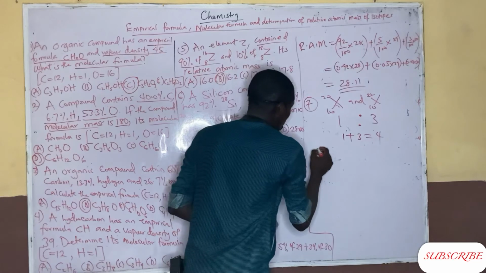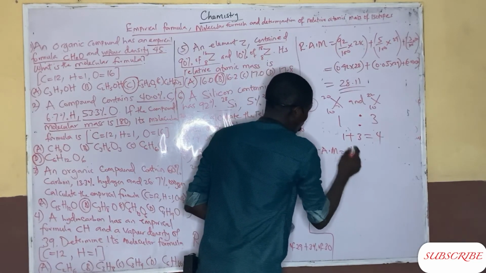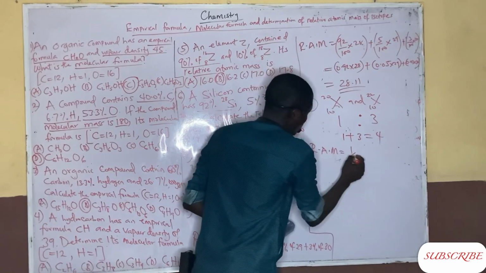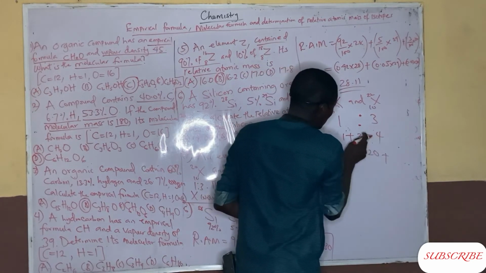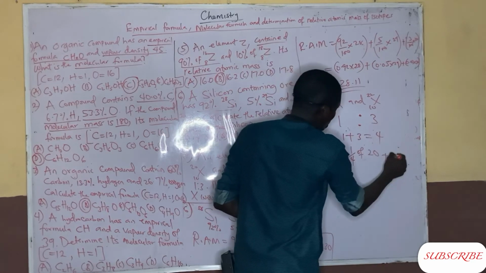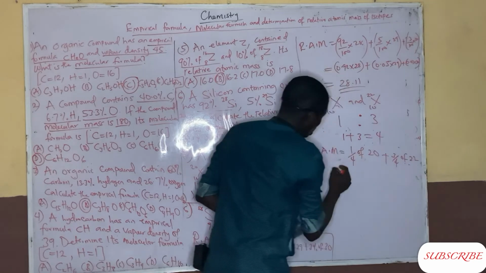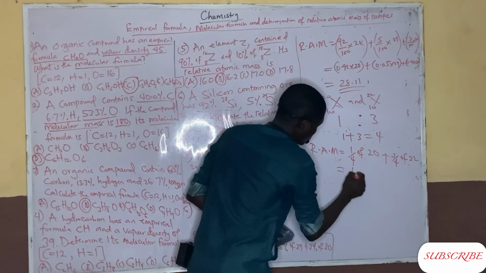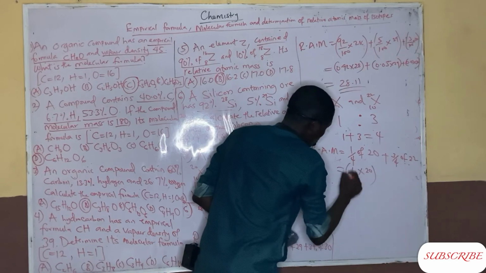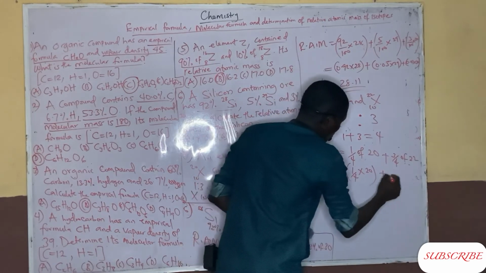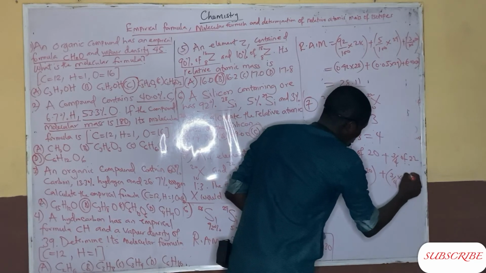Then the relative atomic mass will be 1 over 4 of the mass number, plus 3 over 4 of its mass number, which is 22. So we have 1 over 4 times 20 plus 3 over 4 times 22.